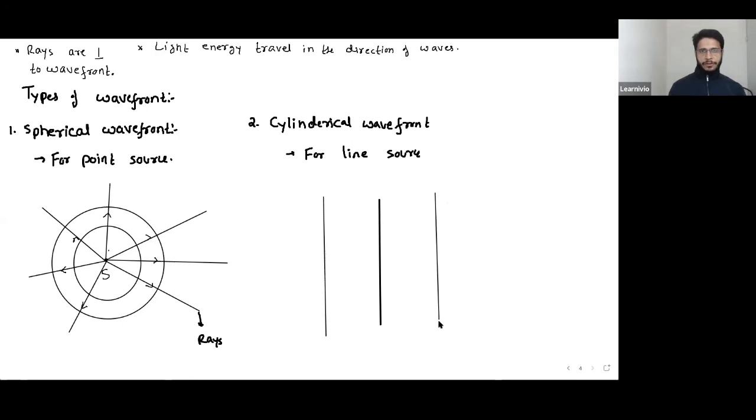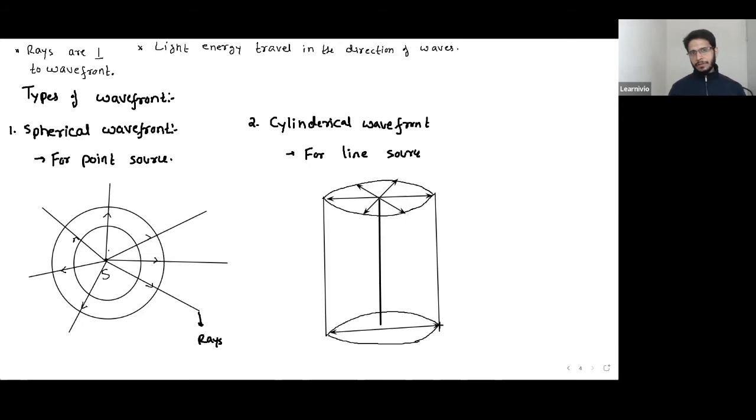So for a line source, this is the wavefront, the cylindrical wavefront. Now, if you want to draw rays, then these are the rays. Just draw them perpendicular to the wavefront. All these are rays. Light energy basically travels in the direction of rays.